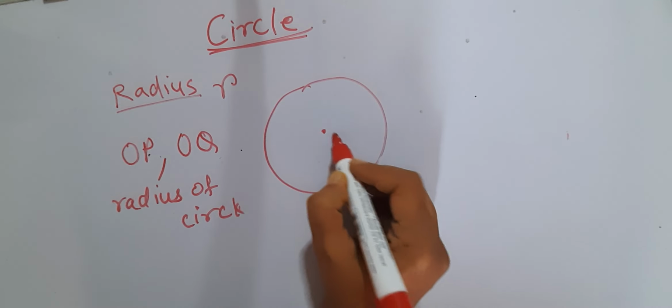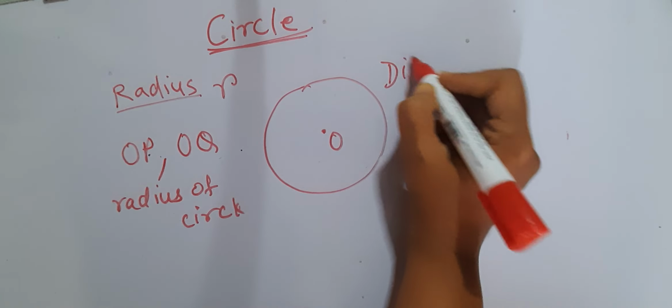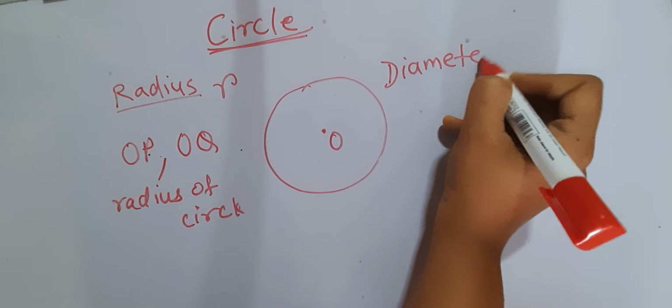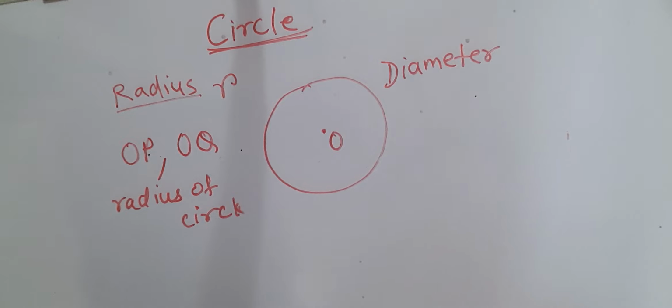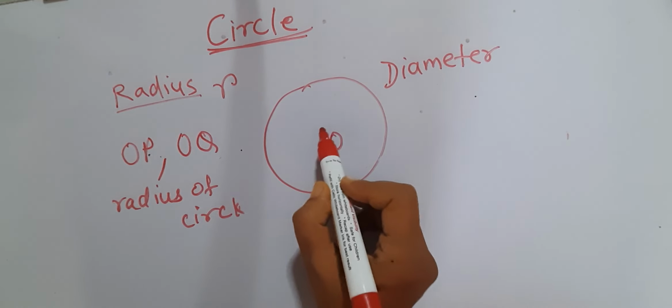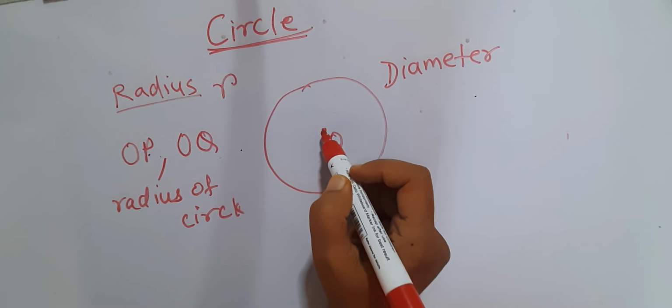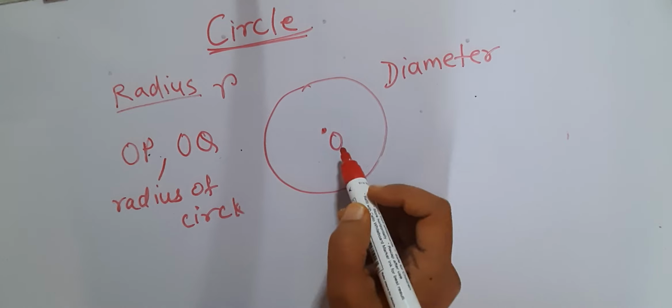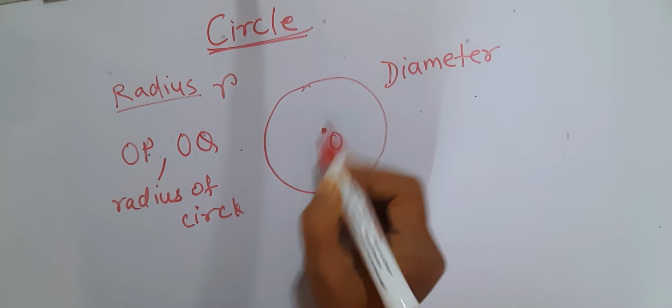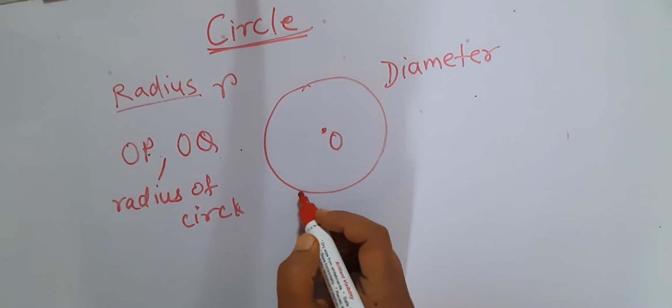Now, next we have diameter. This is center O, and we have to learn about diameter. Diameter is a line segment passing through the center of circle, and the end points of the diameter lie on the boundary of the circle.